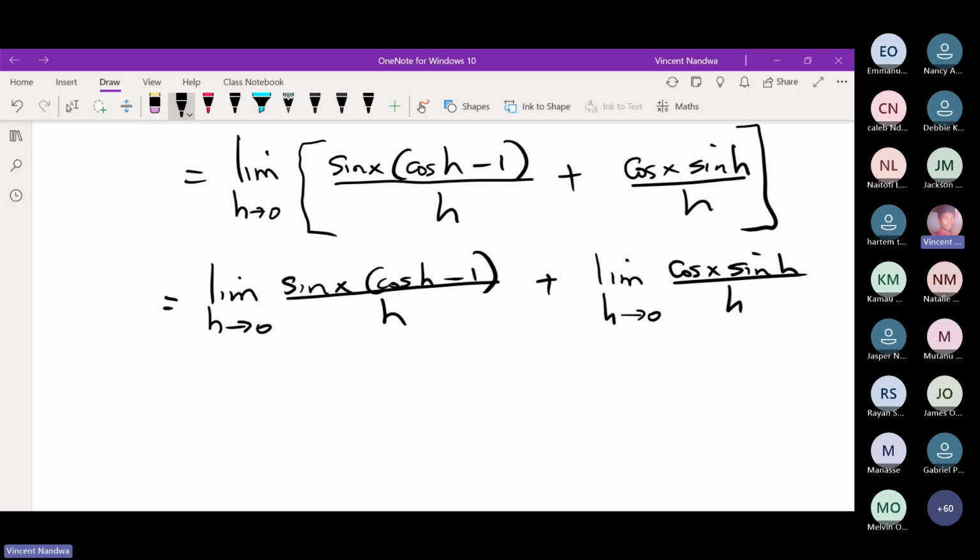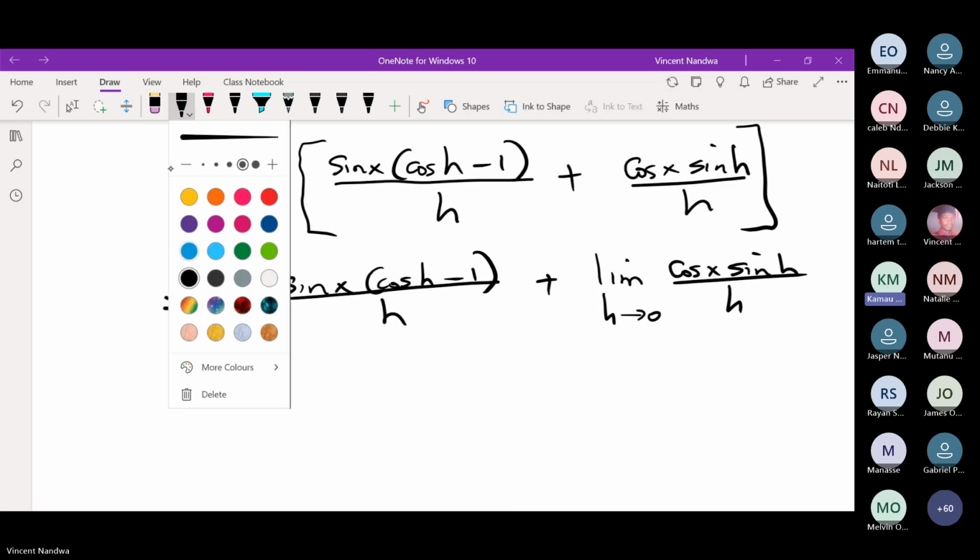So for those who are following, what should we do to the first limit? How can we simplify the first limit at this point?